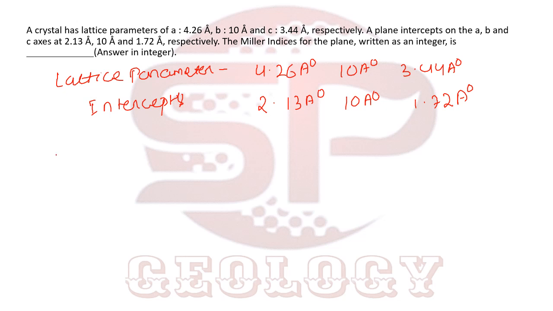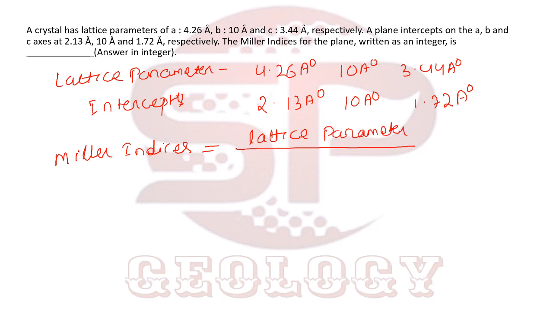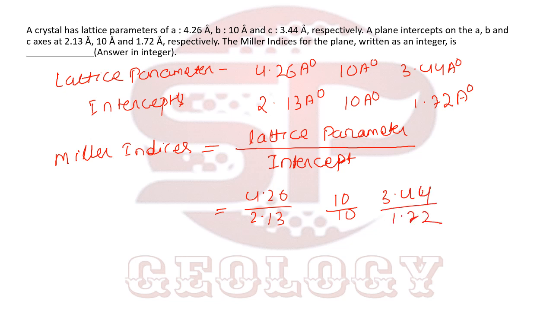So we have to calculate the Miller indices. You can say lattice parameter divided by intercept, or unit length by intercept. So 4.26 divided by 2.13, then 10 by 10, and 3.44 divided by 1.72. It will be 212. So Miller indices will be 212.